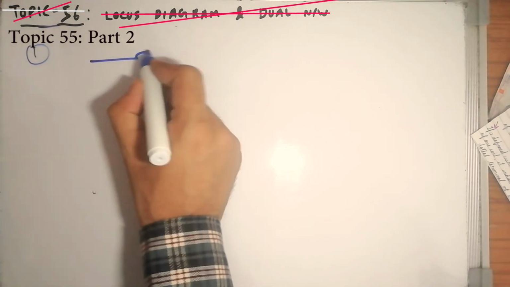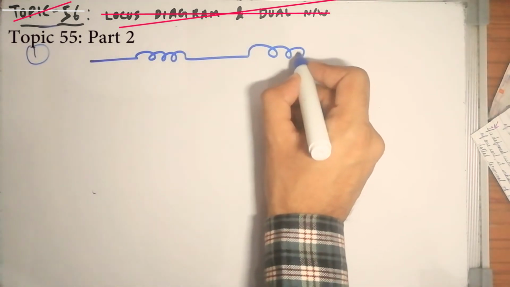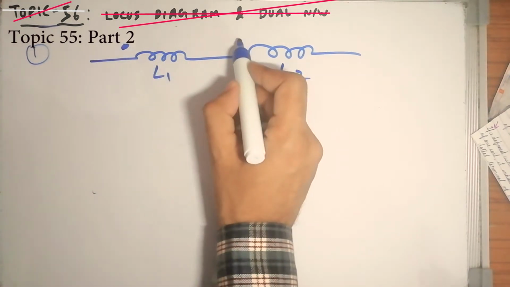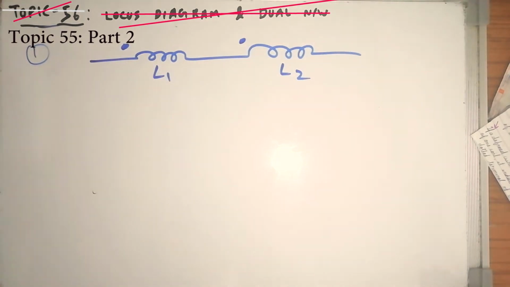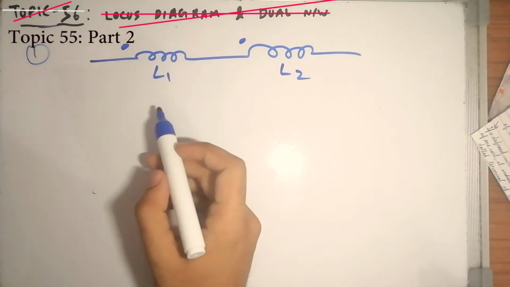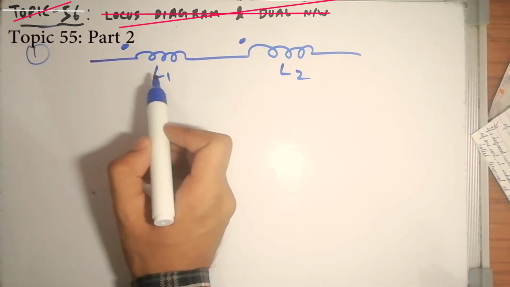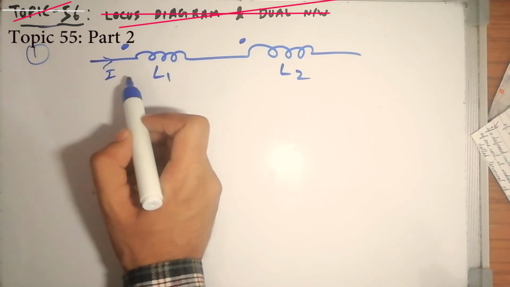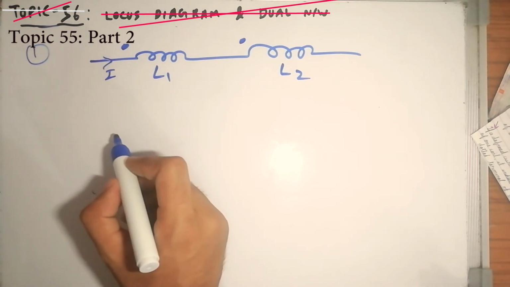So the trick is, here also we observed that. This is L1, this is L2. The polarities are given like this in series. Just remember this is valid for series connection only. The current is entering in this fashion, and it is asked to find the L equivalent.